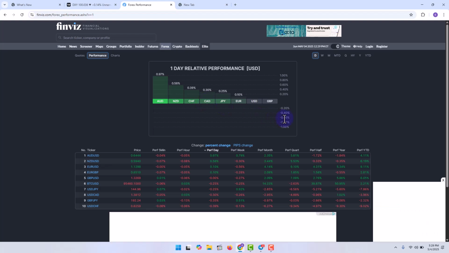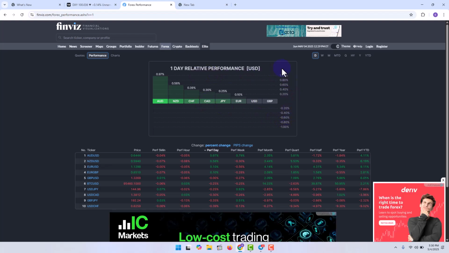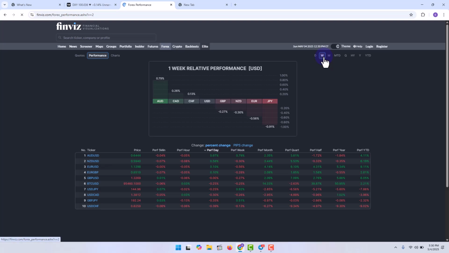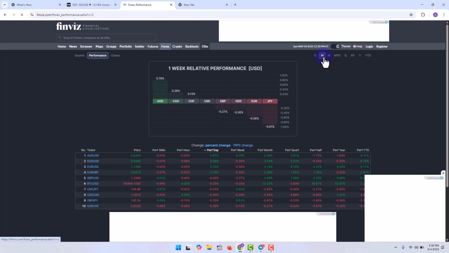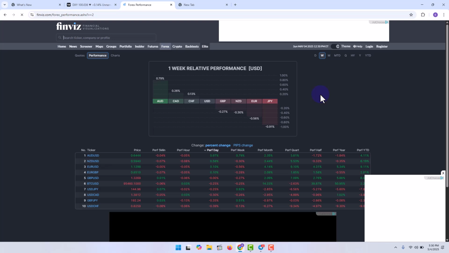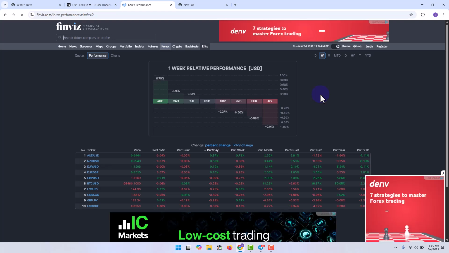So this is how to pick out the most effective currency or the currency pair that's going to perform better during your trading week and during the trading day.